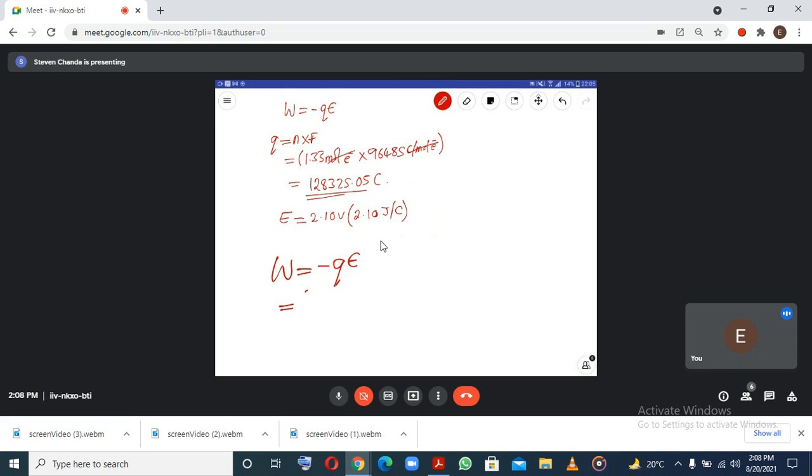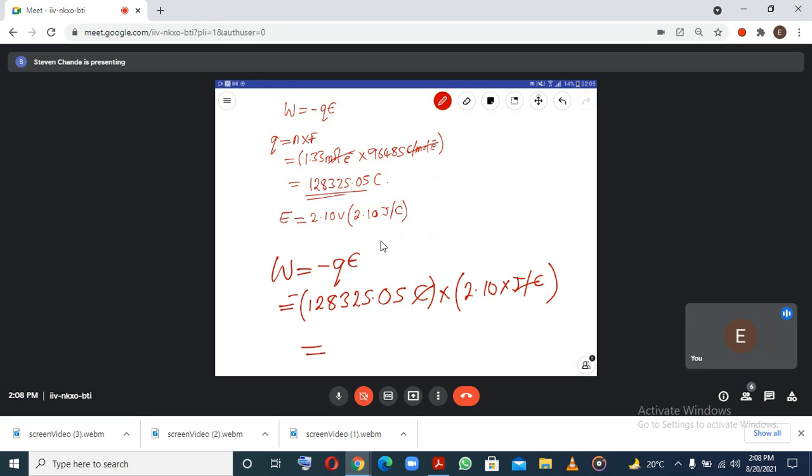So we're going to write our Q, the charge there, times E. We're almost done. So that cancels, right? I hope you're able to see why I preferred these units. And then don't forget the negative here.